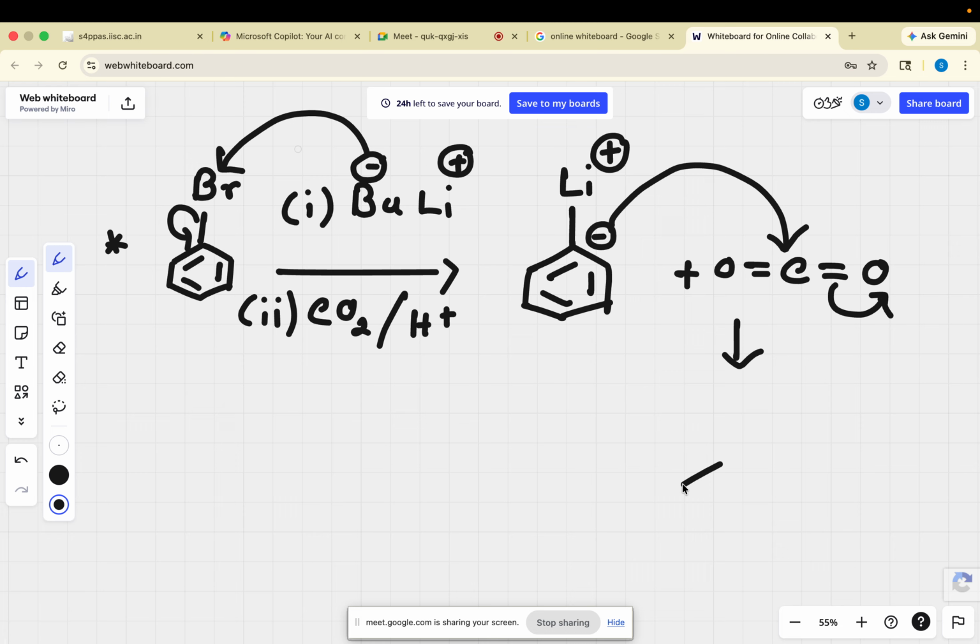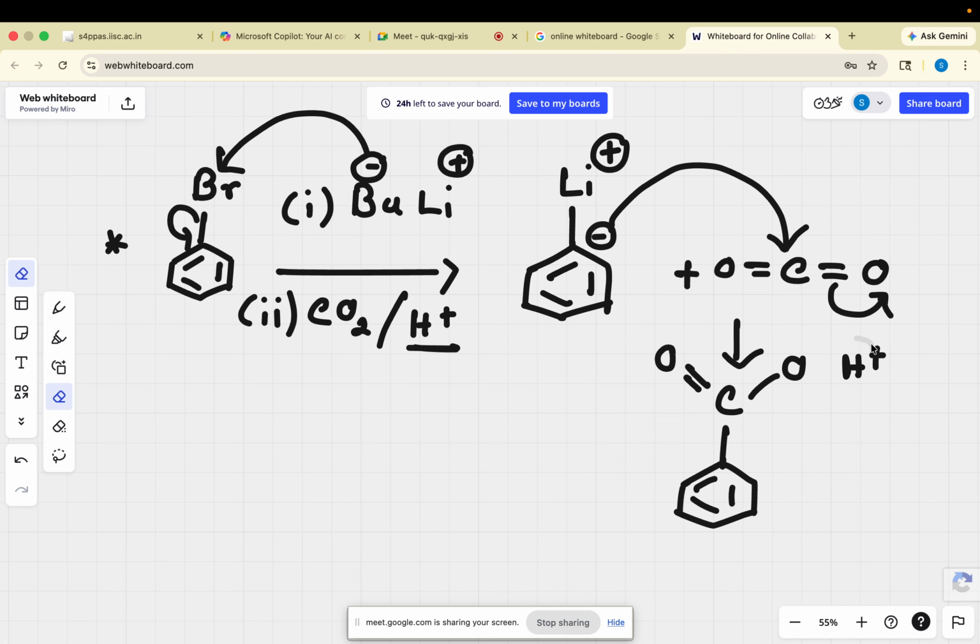So ultimately we are getting carbon double bond O, and this is becoming O minus. Now next you have H plus. H plus will come and attach with your O minus, so after all it will be protonated. We are getting OH, benzoic acid.